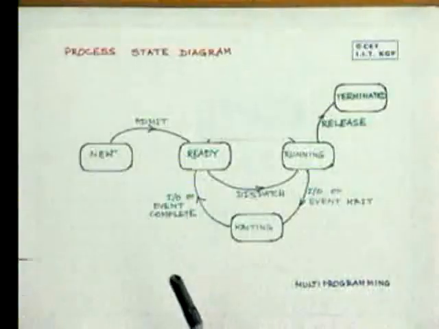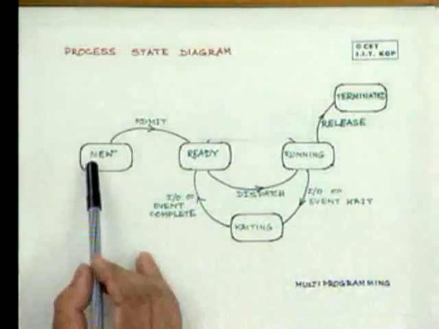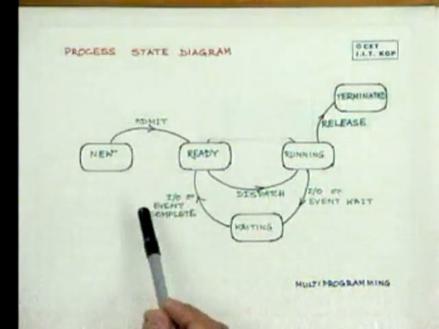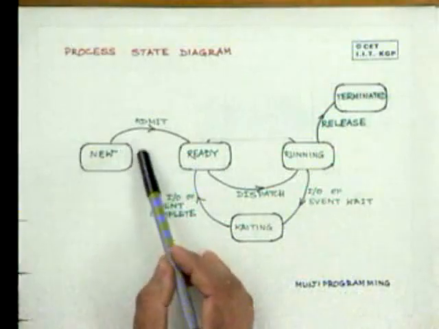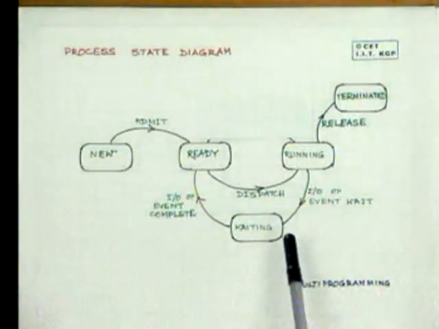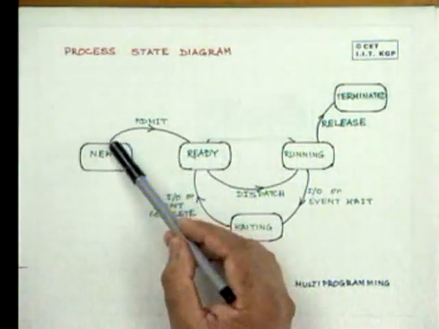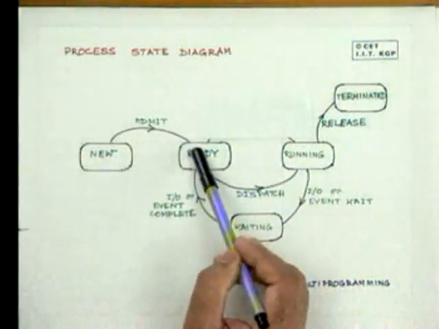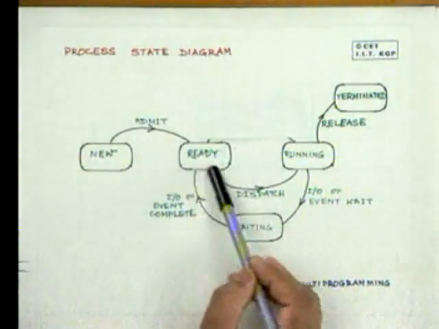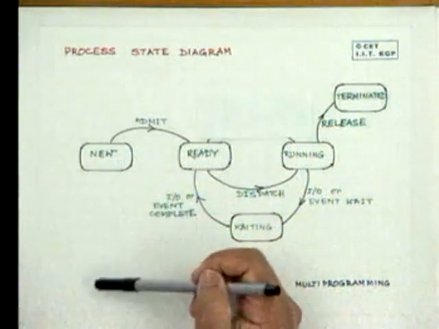If you have a single job which has been submitted to the system, then firstly the operating system will admit that job. When it is submitted, it is in the new state.